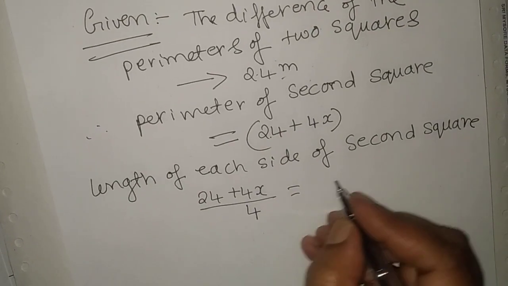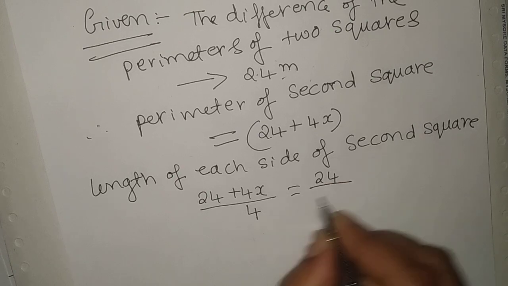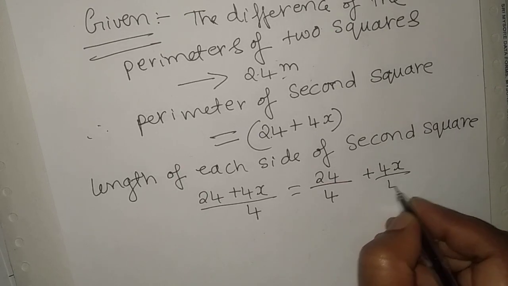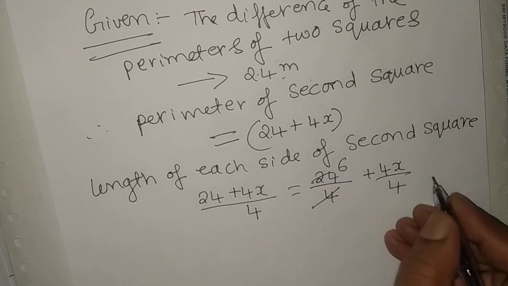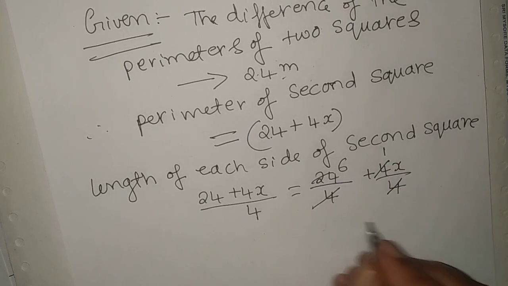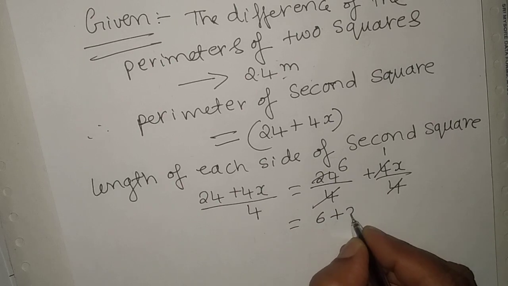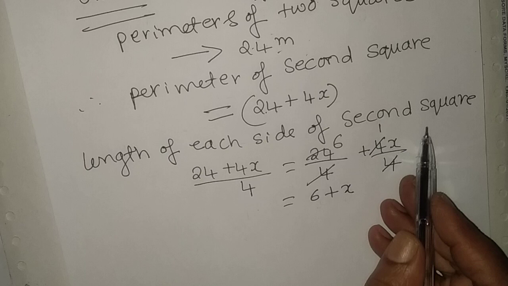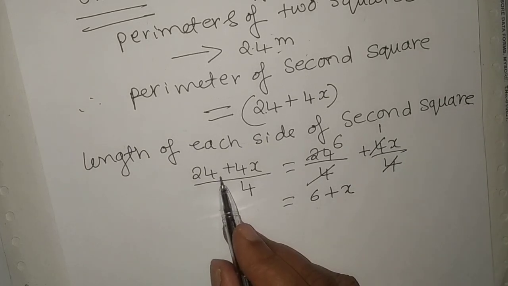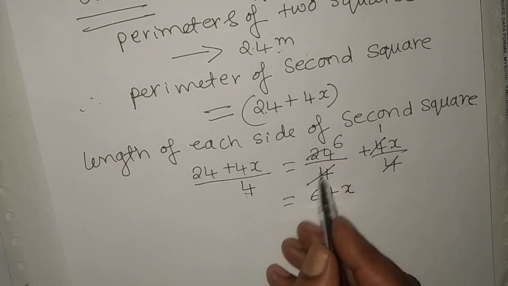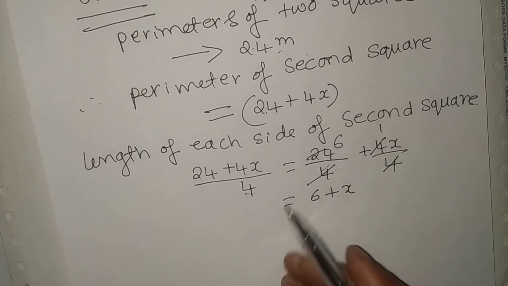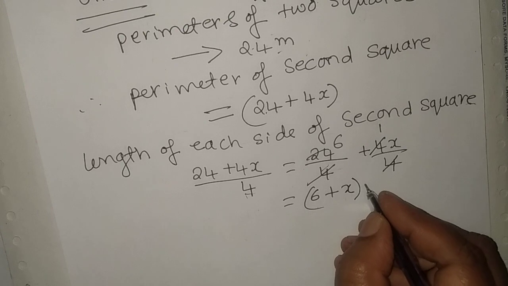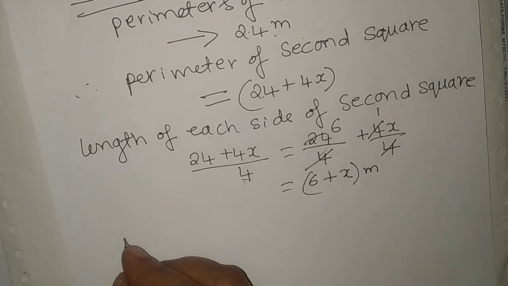Now how to simplify this? Just write 24 by 4, splitting the denominator to both: 4x by 4. 4 sixes are 24, 4 ones are 4. Then we'll get 6 plus x. So the length of each side of the second square is 6 plus x meters.